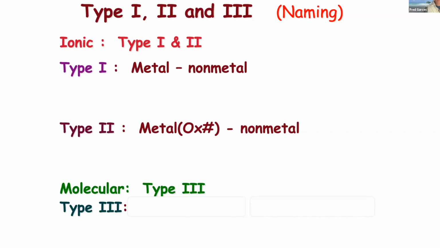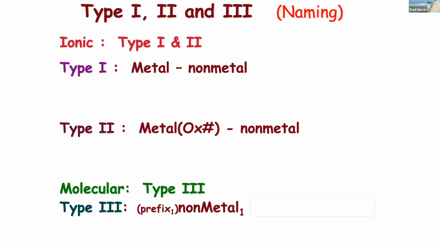Plus 2 means that there are 2 more protons than electrons. That means it gave up 2 electrons. Lead 4. Lead 4 means that there's now 4 more protons than electrons. That means it gave up 4 electrons. Okay, and you state that in the name. You have to state how many electrons are released by that metal in order to satisfy the octet rule.